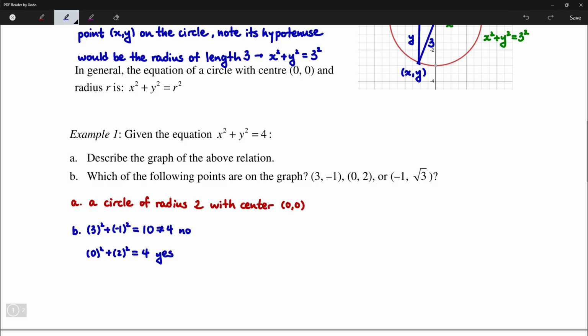And finally, the last point, we have negative 1 squared plus the square root of 3 squared. That would be 1 plus 3, which is 4. So that point is also on the circle centered at 0, 0 with radius 2. So that's no, and then yes, and yes.